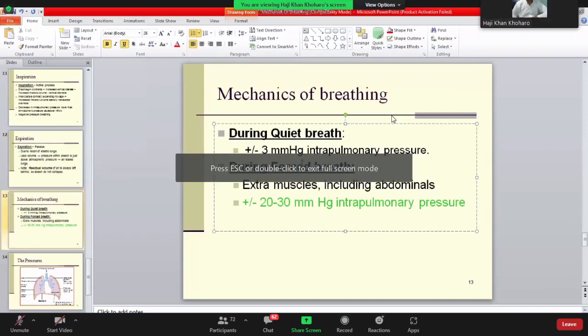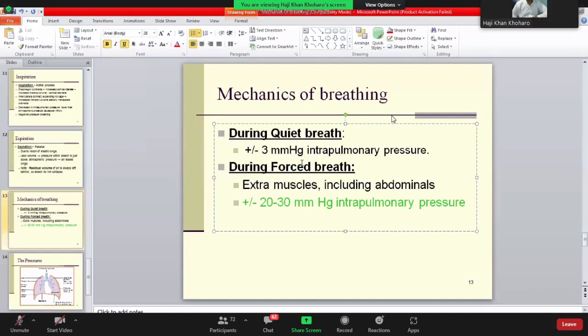Means its negativity may become less compared to expiration, because during inspiration the lungs are trying to expand, and intrapleural pressure will become less negative. Okay.